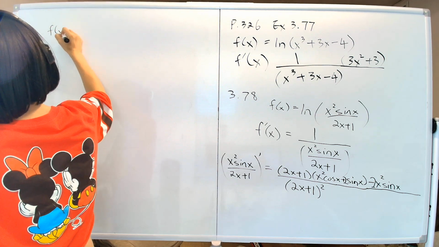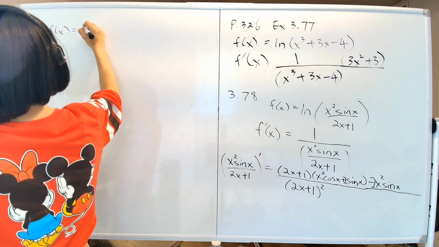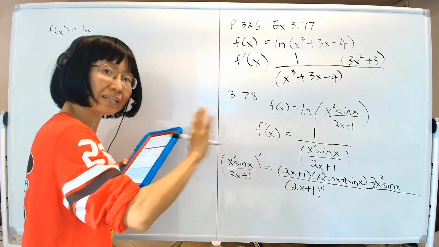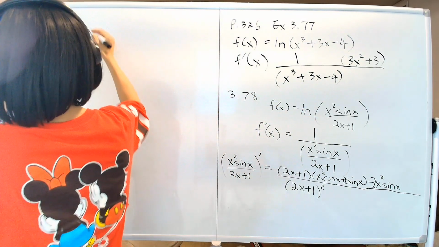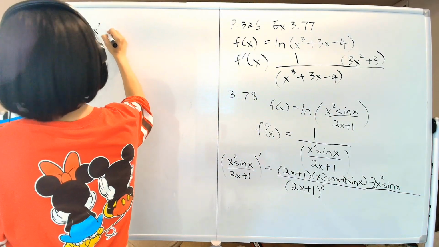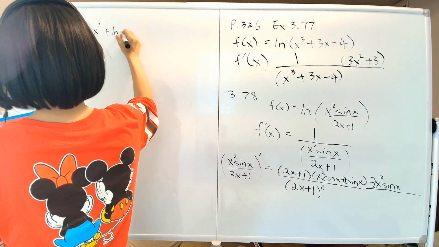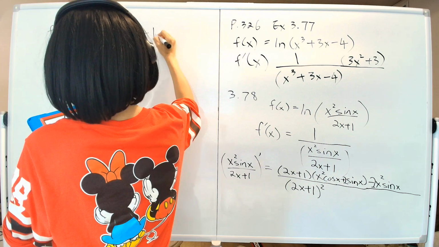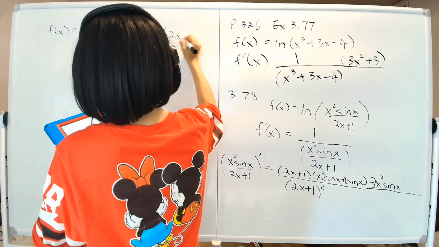So f of x equals the natural log of each item. Okay, we'll break it down into addition and subtraction. Now x squared, and then plus natural log of sine of x, and then minus natural log of 2x plus 1.